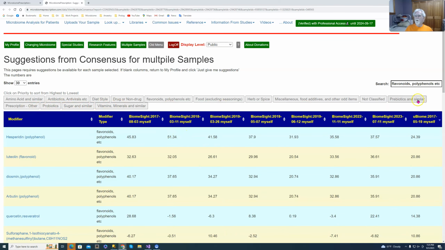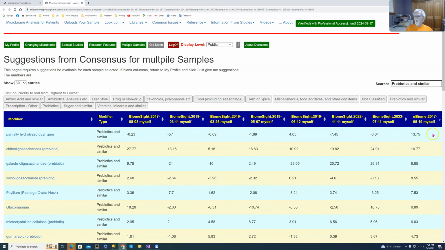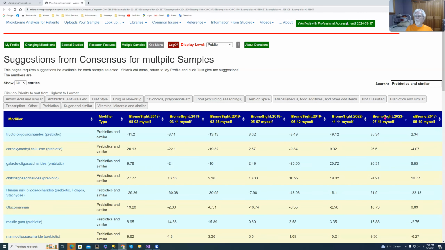Let's take a look at prebiotics. And we'll sort descending here. And fructose is there, but it only came into being significant in the last 2 samples. The earlier samples it wasn't. And so basically you can take a look at how the microbiome was changing in terms of what the suggestions are.